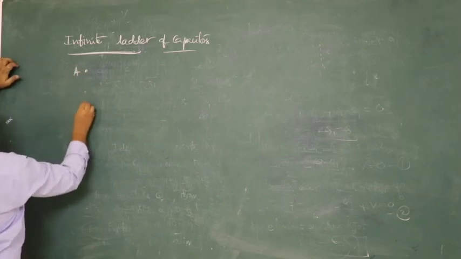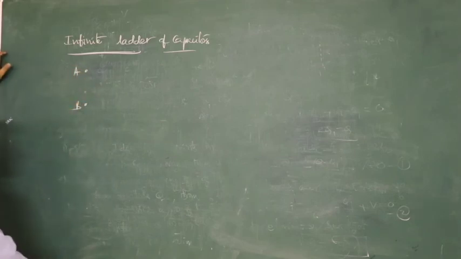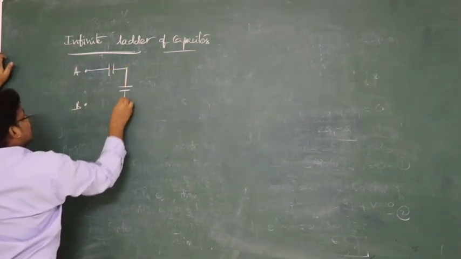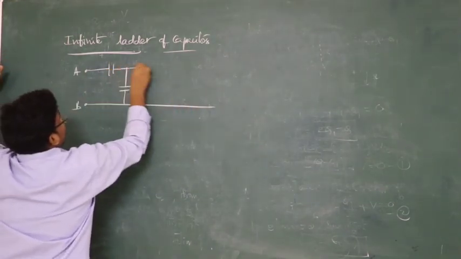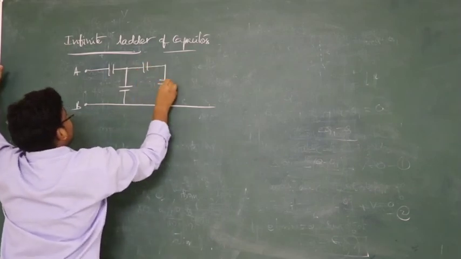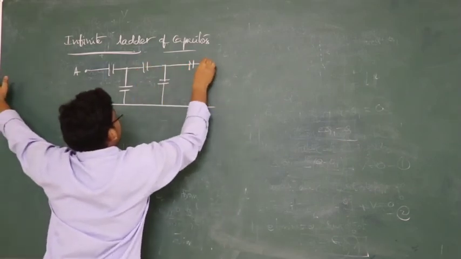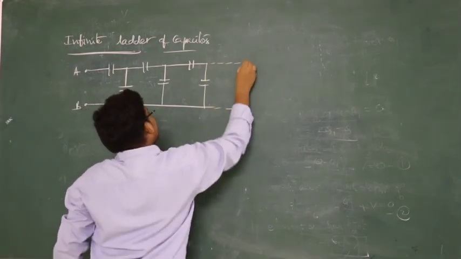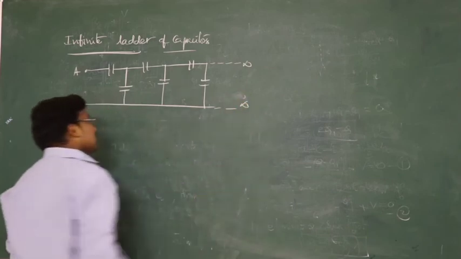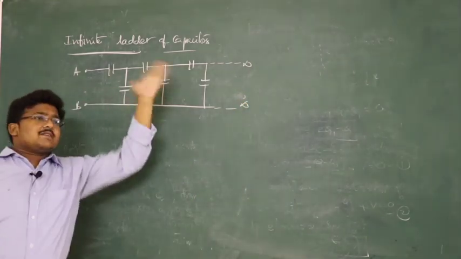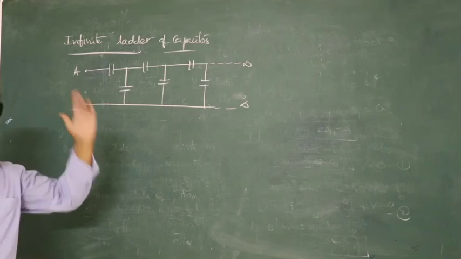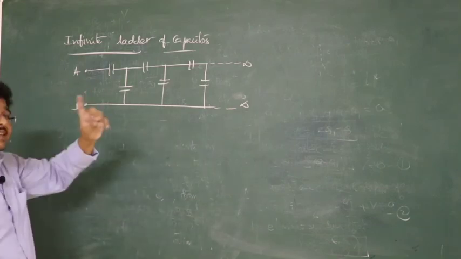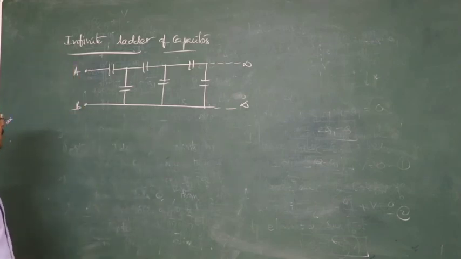This is terminal A, terminal B, at which we need to find the equivalent capacitance. I am giving you a number of capacitors going towards infinity, meaning this circuit extends to infinity. We have a lot of capacitors. Now how do we reduce all the capacitors to get a single equivalent capacitance?